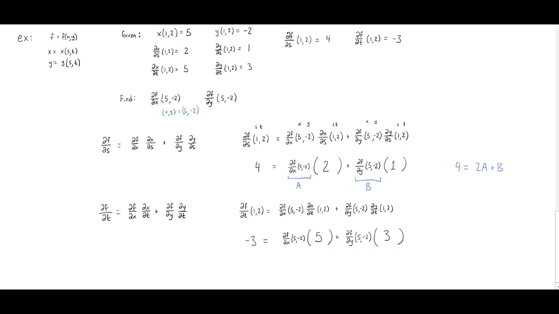And then similarly, this second equation would be negative 3 equals 5A plus 3B. Okay? So then I'll try to either substitute or combine these equations to solve for A and B. Okay?